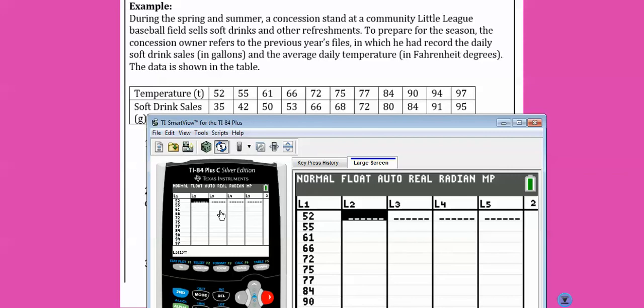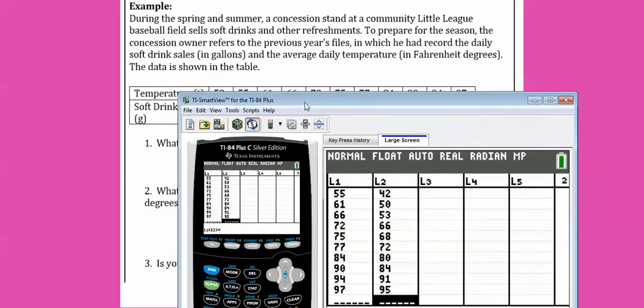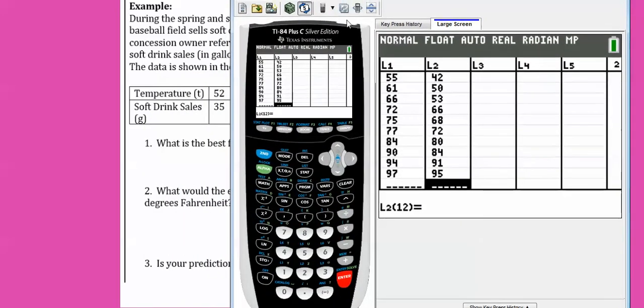And then our soft drink sales are going to go in L2. And see how my lists line up here at the bottom? We want to make sure that happens because if they're uneven, that means we've missed a number and we're going to get an error message if we try to calculate the equation.